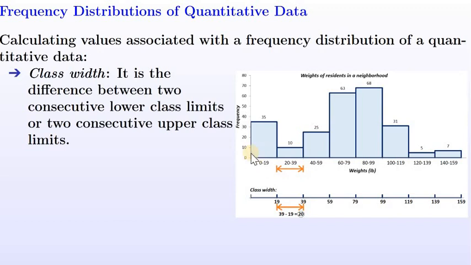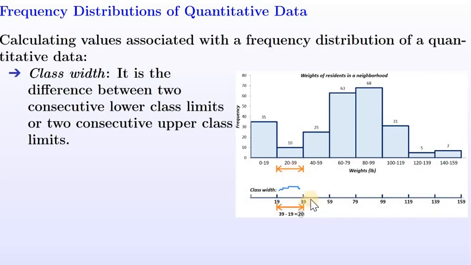Class width is the difference between two consecutive lower class limits or two consecutive upper class limits. So here, class width is calculated by the distance between these two numbers. So 39 minus 19 is 20, that's the class width.